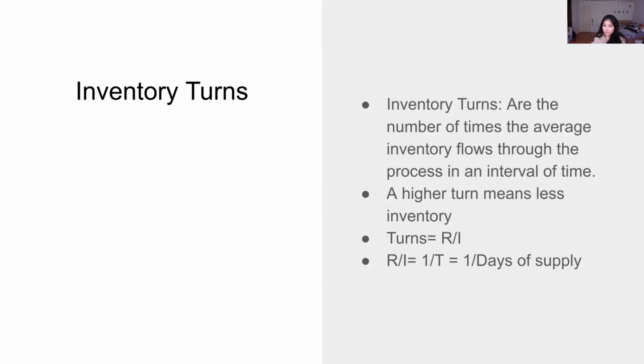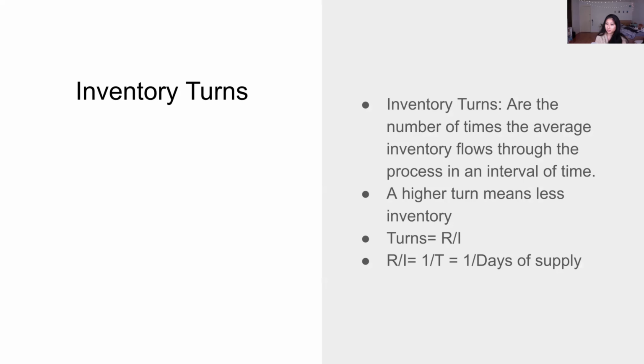Okay, so next I will be discussing inventory turns. Inventory turns are the number of times the average inventory flows through a process in an interval of time. It is important to know how to calculate this, but it is almost just as important to understand how to interpret the data that it produces.